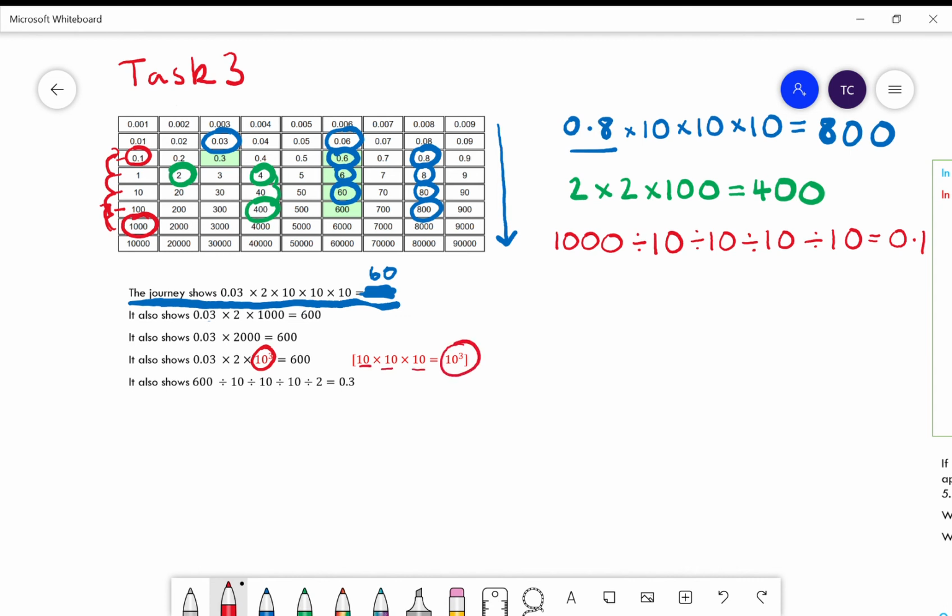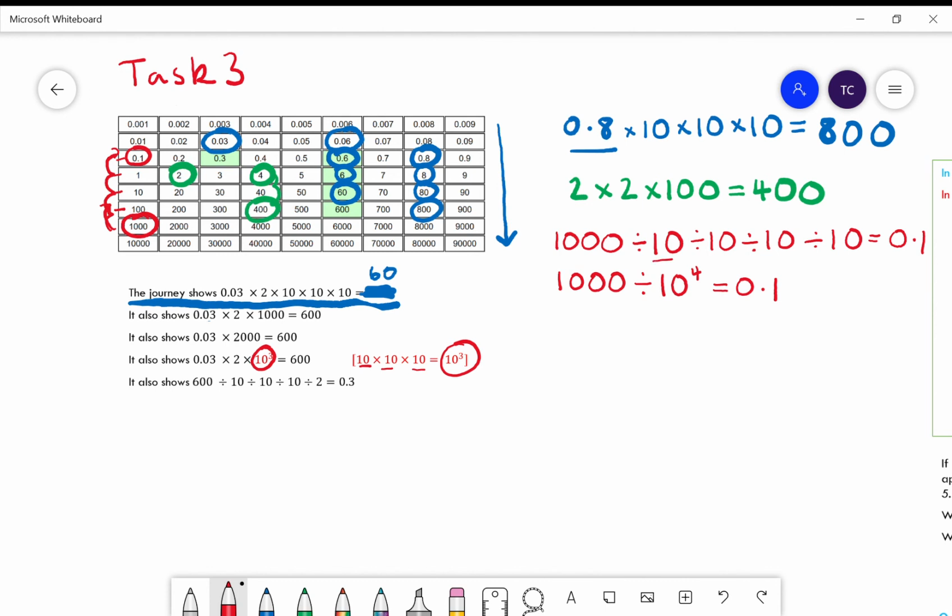So what I've got here is 1, 2, 3, 4 tens, and I'm dividing by these 4 tens. So instead of multiplying by 10 to the power of 3 here, I'm doing 1000, and I'm dividing by 10 to the power of 4, because I've got 4 tens. That will give me 0.1.